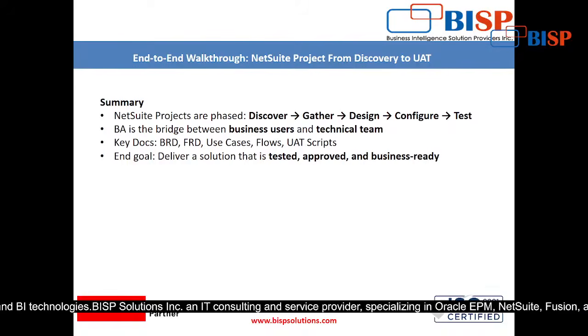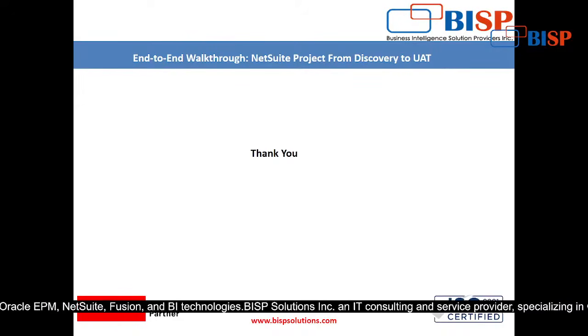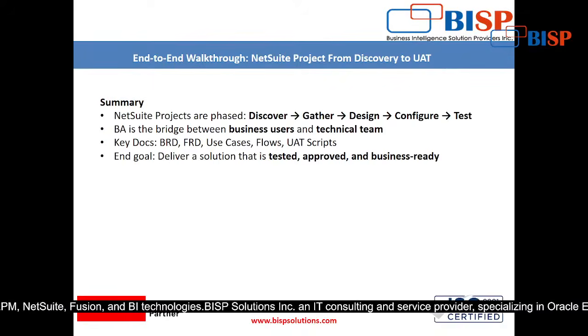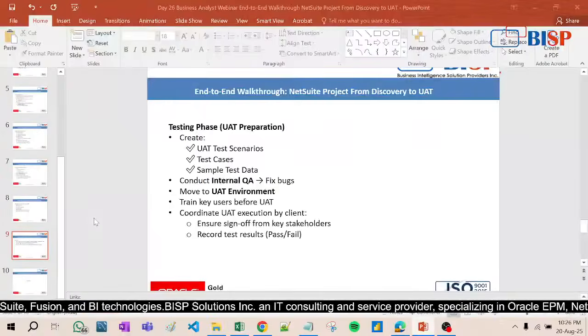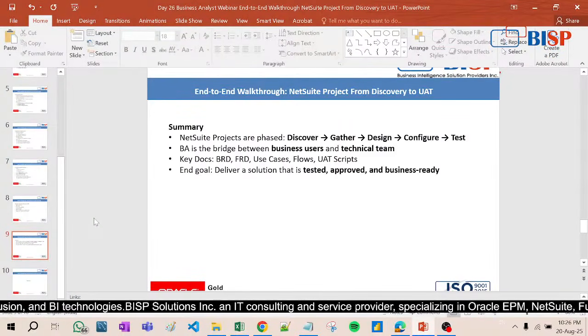Okay, key documents: BRD, FRD, use cases, flows, and then end goal, deliver a solution that is tested, approved, and business ready. Okay, so guys, this was all about it.